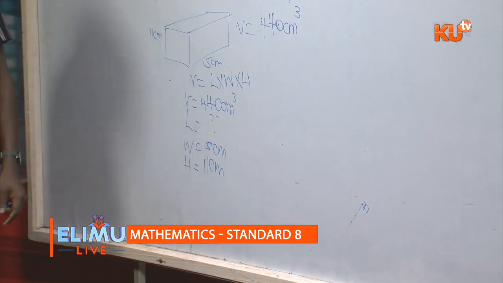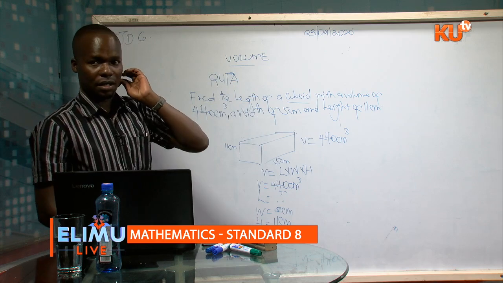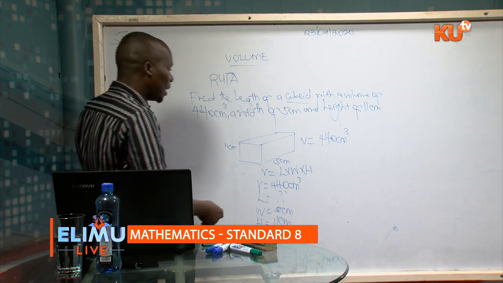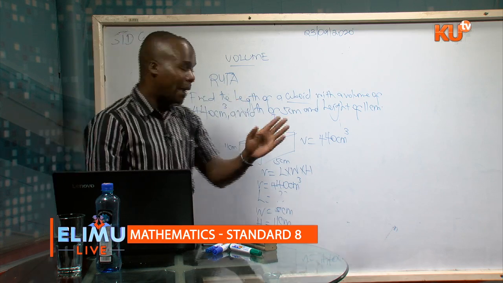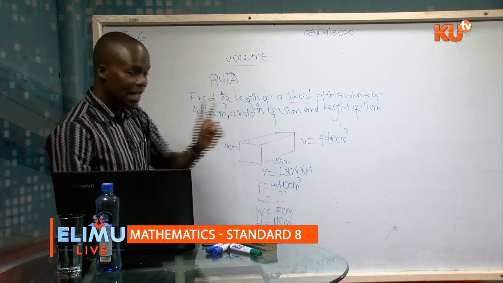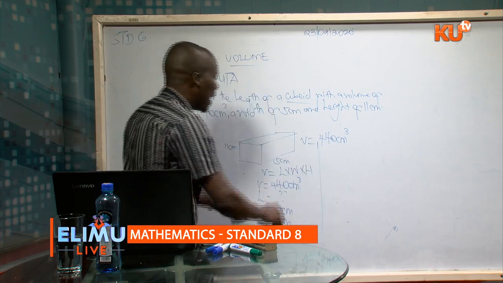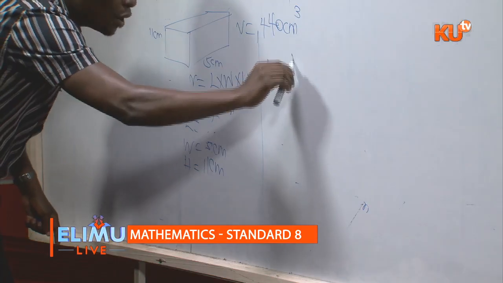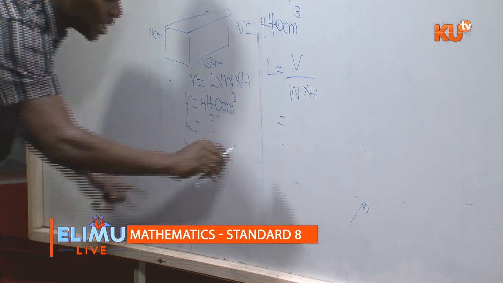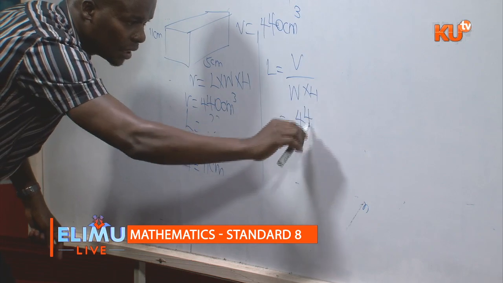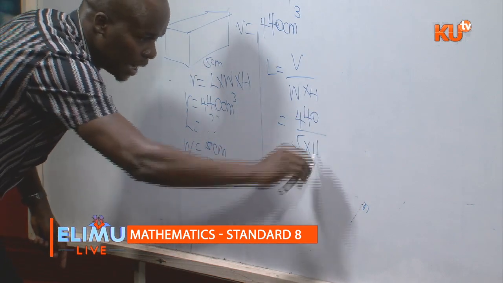So look here. I've read the question, sketched as required, and then from there, I note down what is given. From my noting down, I will now see what is missing. Length is volume over width times height, which is 440 over 5 times 11.